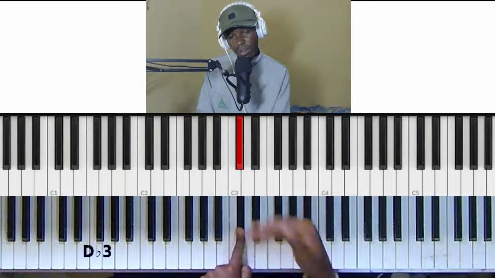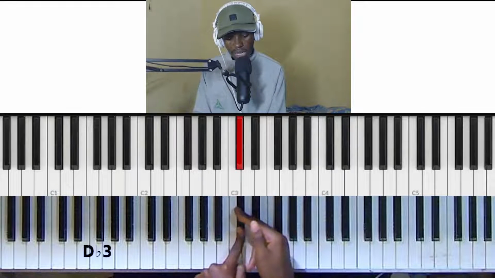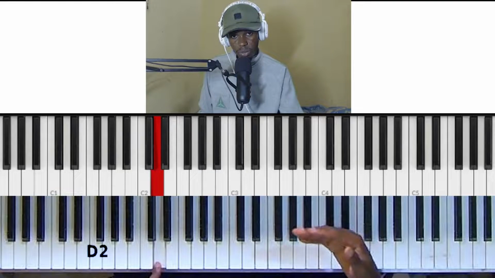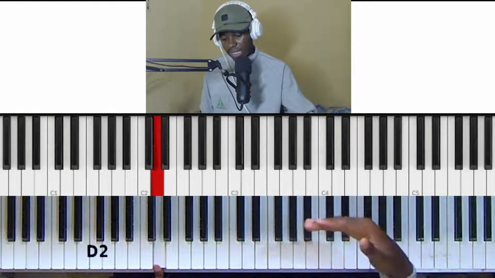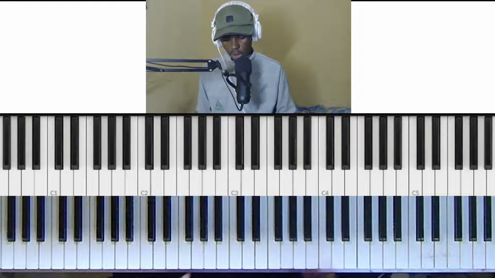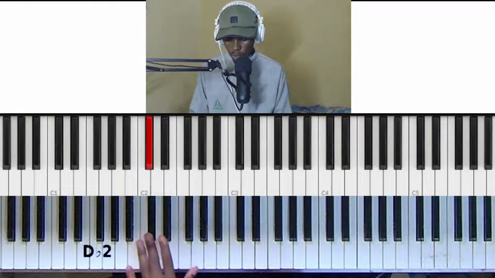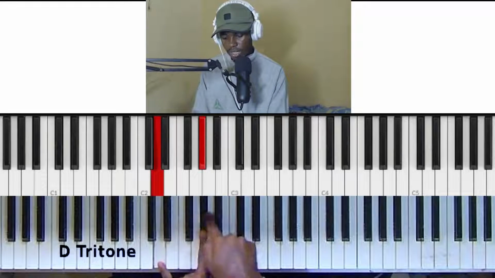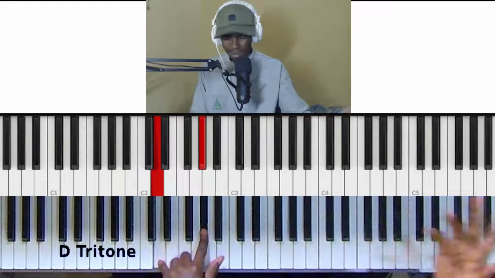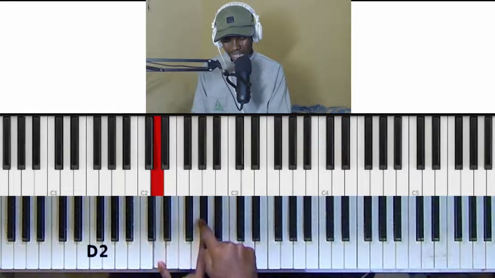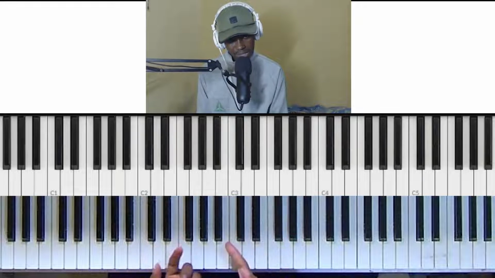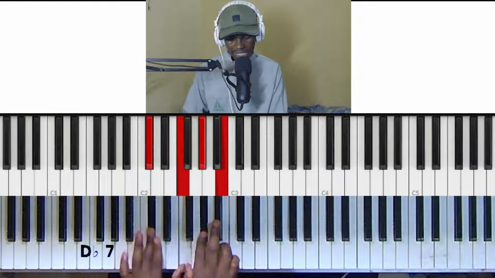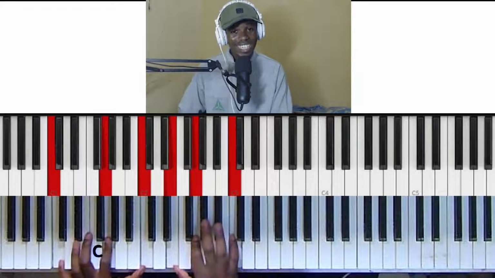All we have to do is find the 5 of this note, and then whatever it is going to be the tritone of the recurring interval we're supposed to have approaching that G. Okay, so we have 1, 2, 3, 4, 5, A flat, and if you check, A flat is the tritone. So just make this more simple. So we're going to play A flat 7, D flat 7 to C.